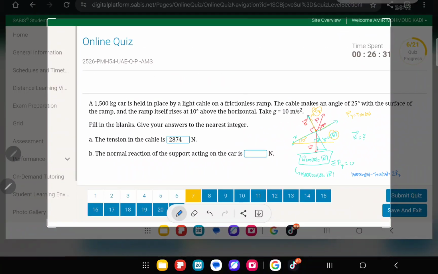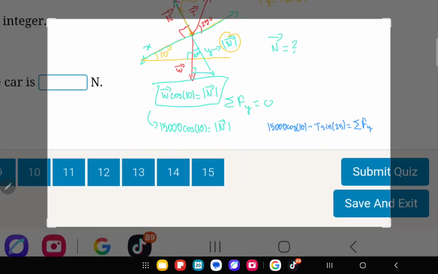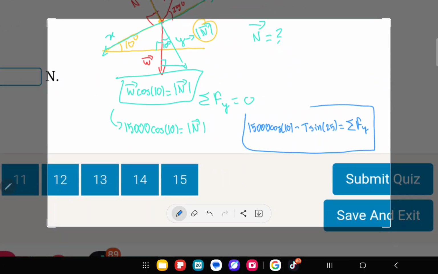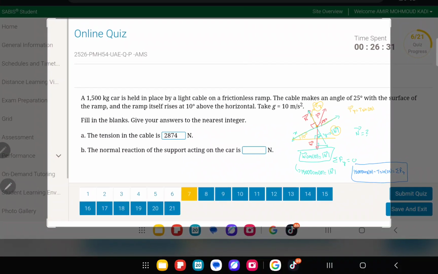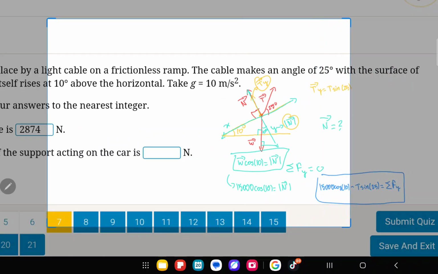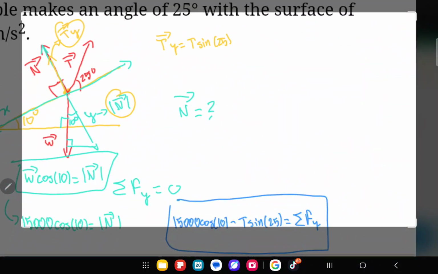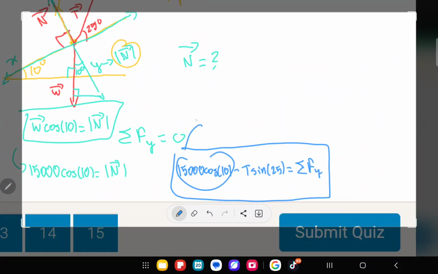When they say normal reaction, they mean Y. I'll show you what I mean. We got the sum of Fy forces, right? We already have tension, which is 2,874. So we will rewrite this quickly. Here, the value of this here is, let me write this.